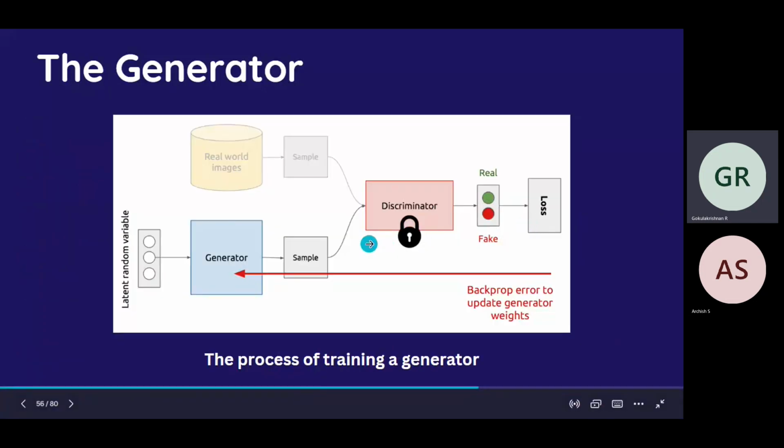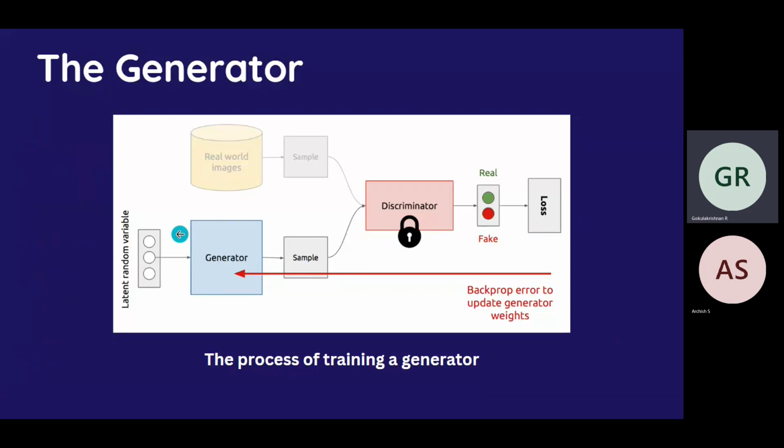As the diagram explains, you first have a vector, you generate a sample, and you pass the sample onto the discriminator, and the discriminator will classify that sample as real or fake. The objective of the discriminator is to classify it as a fake, but the objective of the generator is to make the discriminator classify it as a real image.